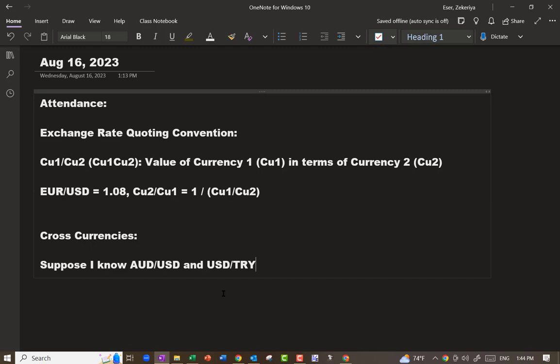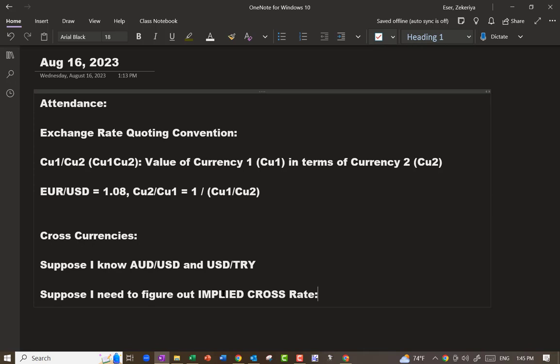So suppose I need to figure out the implied cross rate. The reason I call it implied, if somebody makes you a quote on the cross rate, let's not worry about bid offer spreads for now.